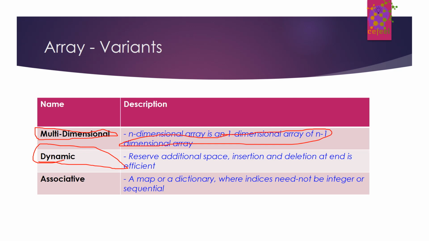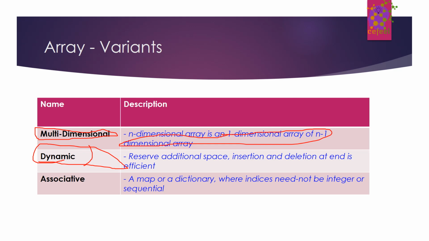But in dynamic arrays, we can sometimes double the size of an array, delete a bunch of elements, or insert blank spaces in between the array. That's why the name is dynamic, and these types of arrays also have their usage in computer science. They are pretty useful at times.